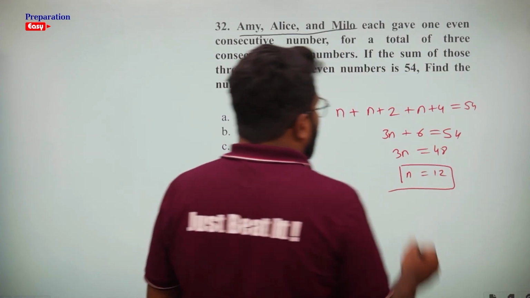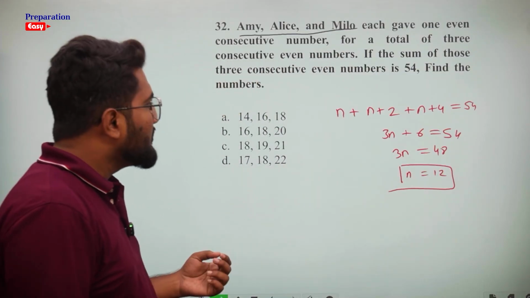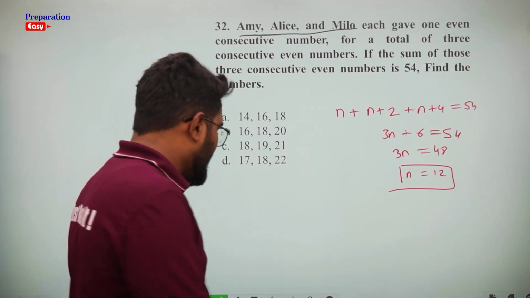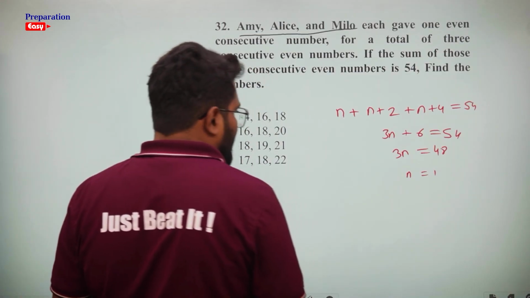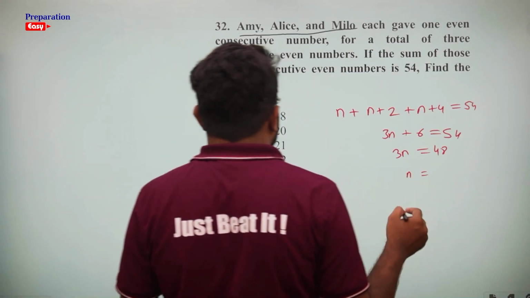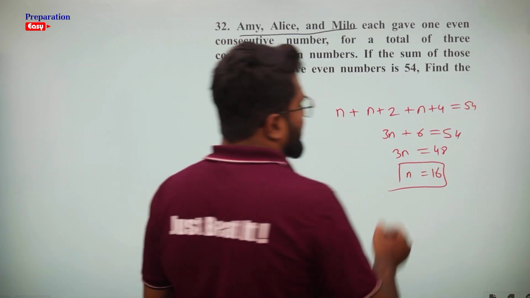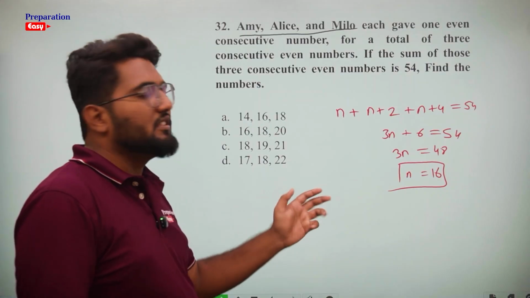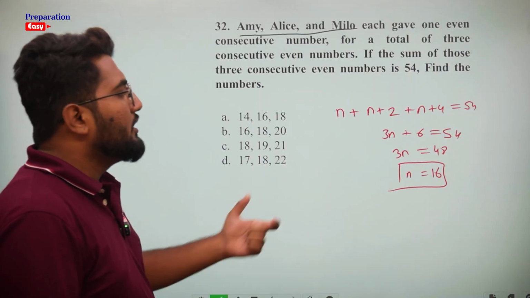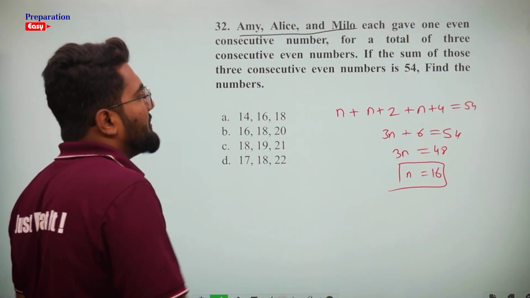So the lowest number is 12. Then the next, sorry, not 12, the lowest number will be equal to 16. So n will be 16.